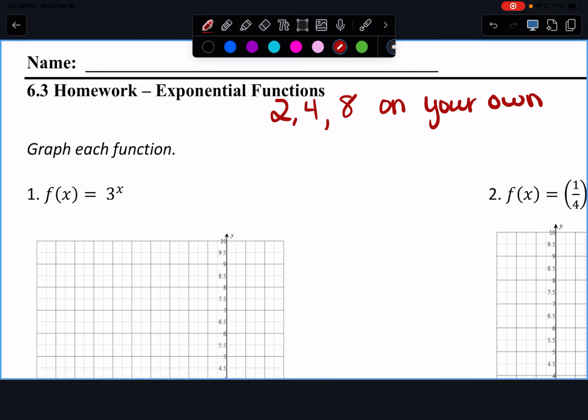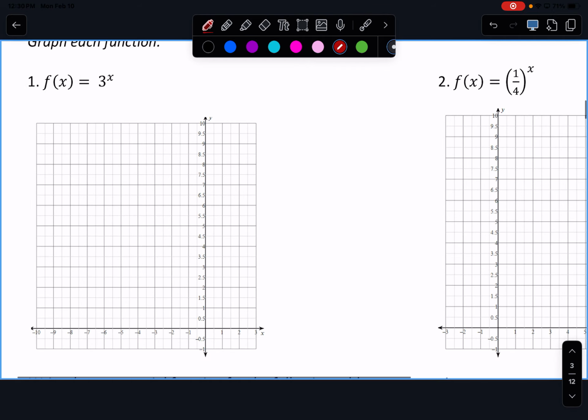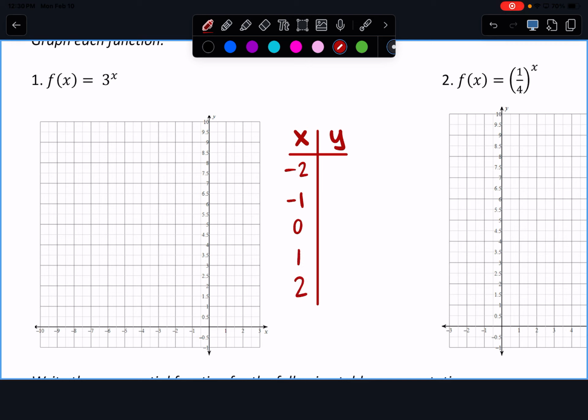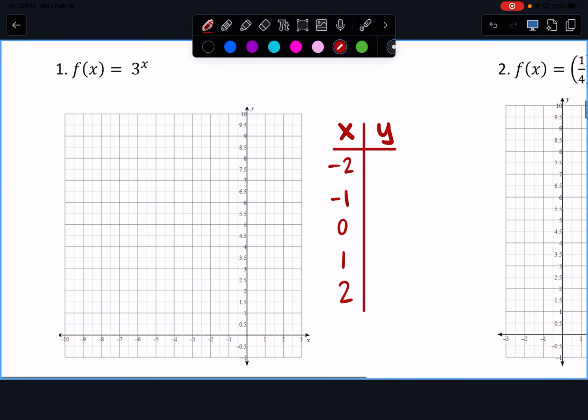So let's go ahead and look at number 1. Number 1 is just like the question we just did. We're going to set it up with X and Y in a table, and we're going to plug in -2 to 2. So use your calculators. What is 3 to the -2 power? 0.1 repeating.